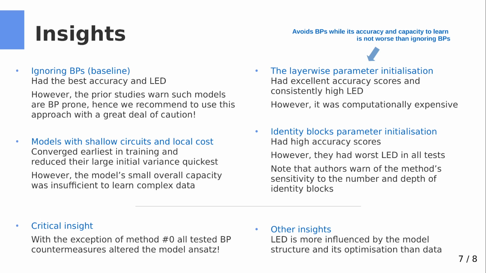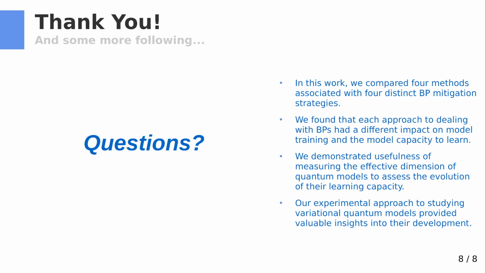Layer-wise parameter initialization had excellent accuracy scores and consistently high local effective dimension, but it was computationally expensive. It was the only approach to dealing with barren plateaus which had good results, and it could avoid barren plateaus, and its performance wasn't worse than the baseline approach we should ignore.